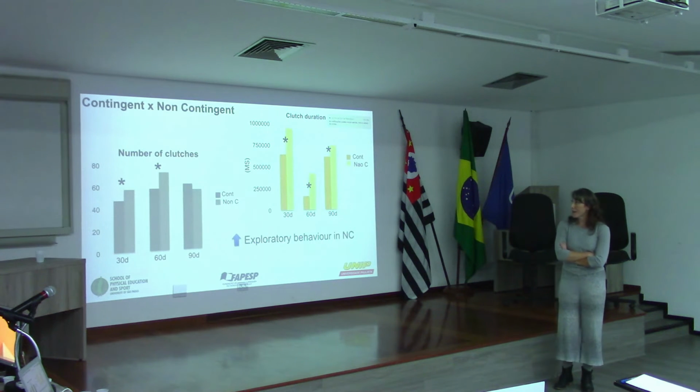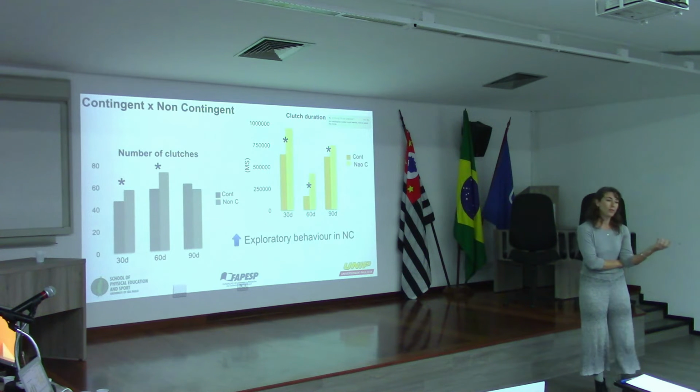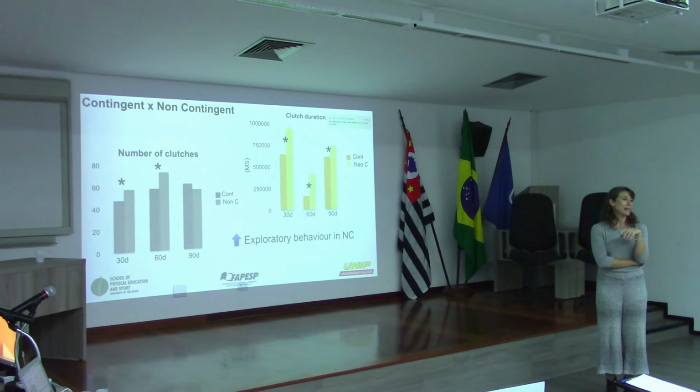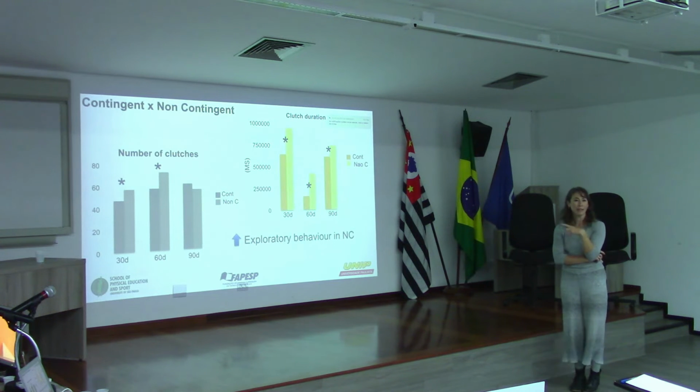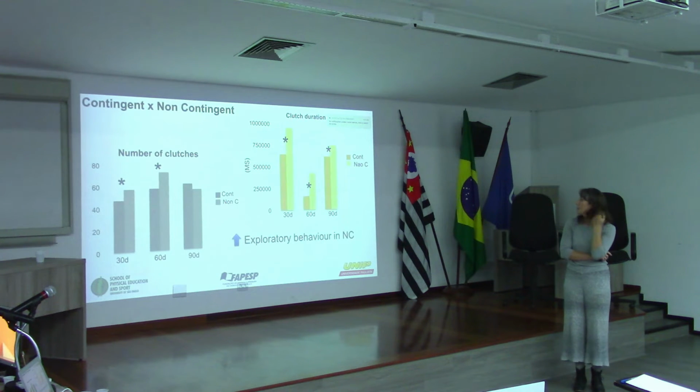And when we compared the contingent condition, where they were making the video show up, and where they were not making the video show up, what we see is that in the non-contingent condition, they showed more exploratory behavior.